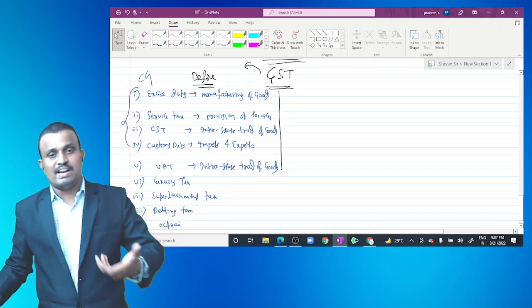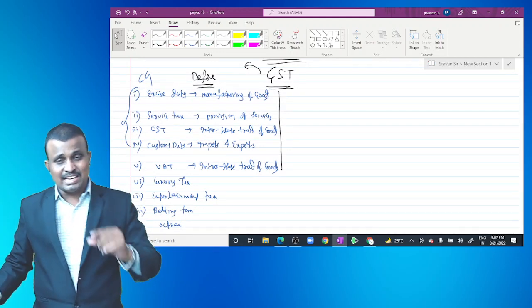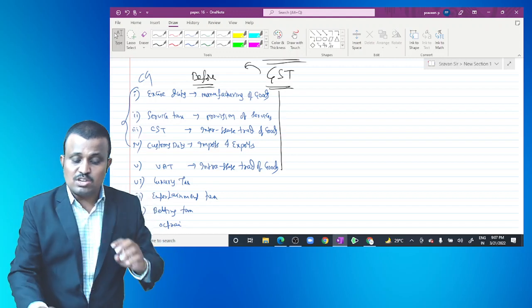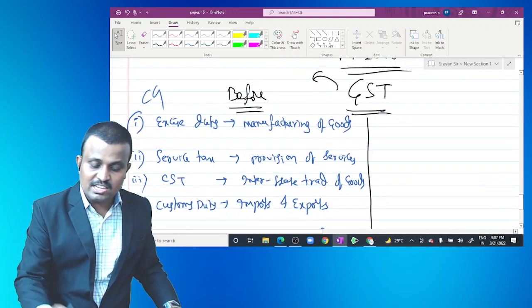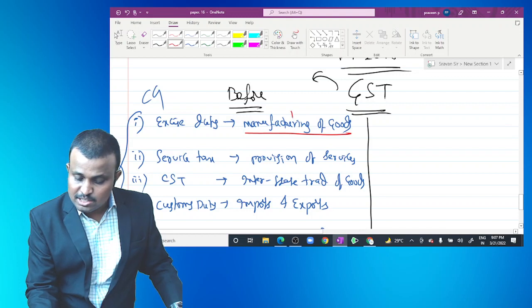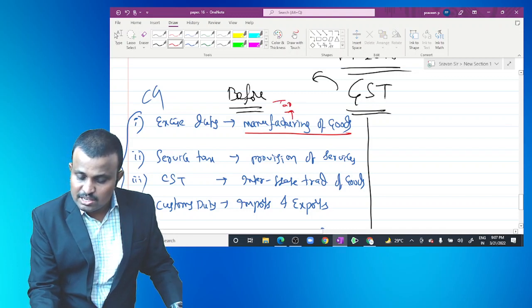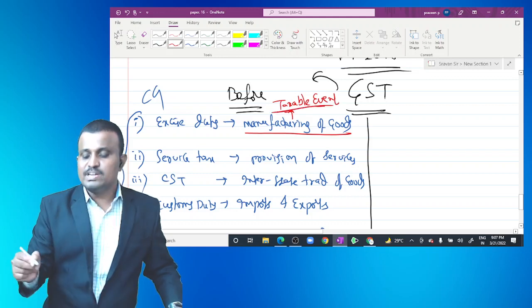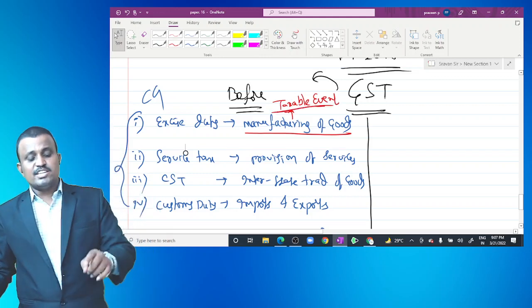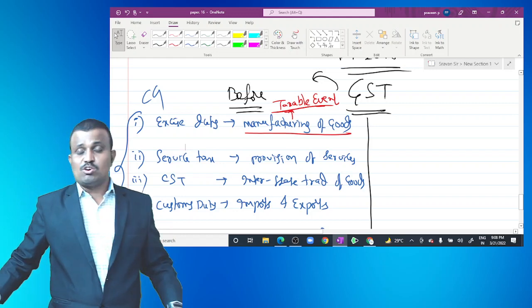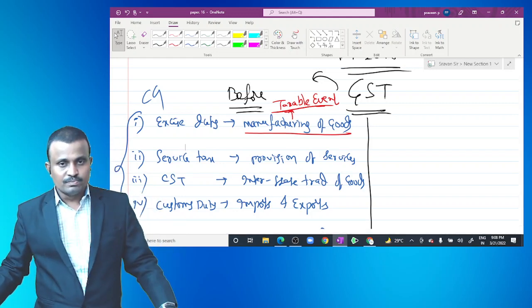These taxes were levied by showing different types of activities. Here we use the word activity. The activity based on which the tax liability is created by the government is said to be a taxable event. Excise duty is imposed based on an activity called manufacturing of the good.